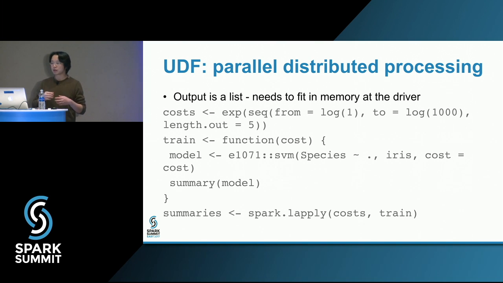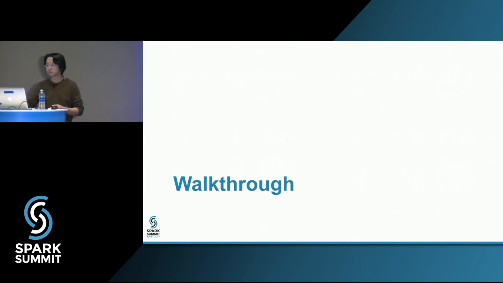So what this is doing is it takes this native list of cost values, which could be much larger, and parallelizes the processing of it, and applies that UDF along the way. In the end, we're returning a summary of that model. So what you can do is, at the end, you get the sets of summaries. You can evaluate the performance of that model, which cost value actually is performing better than anything else.